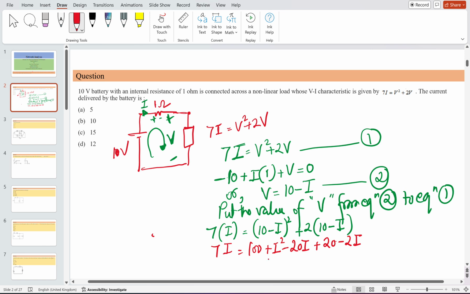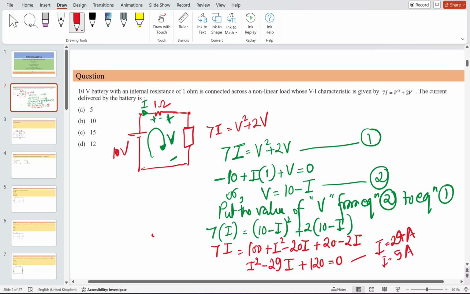So overall it will become I square minus 29 times I plus 120 is equal to 0. Let's solve it by the quadratic equation. The I values are coming as 24 amps and 5 amps.